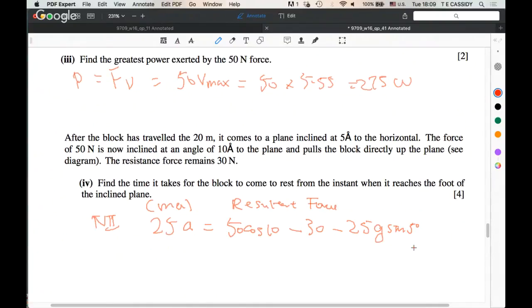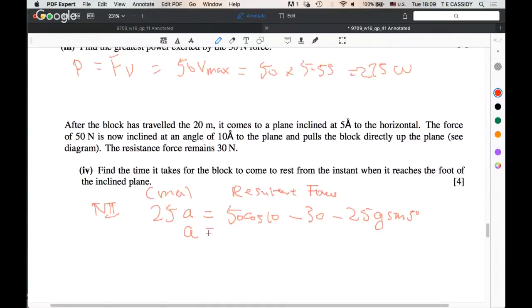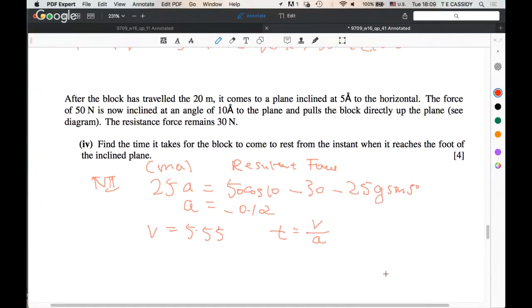And from this Newton's second law equation, we can work out the acceleration to be a negative number, minus 0.102, because there's a deceleration. And the initial velocity v equals 5.55, we can work out t. It's just simply v minus u over a, because that's the time it would take to completely get rid of the initial velocity, and that will give you the time to come to a rest.